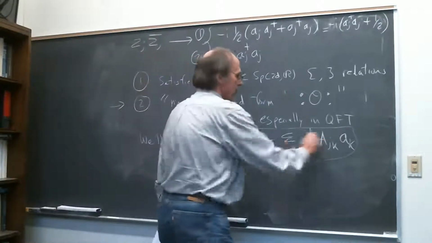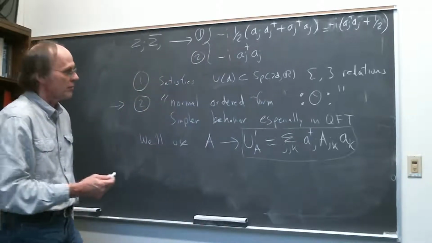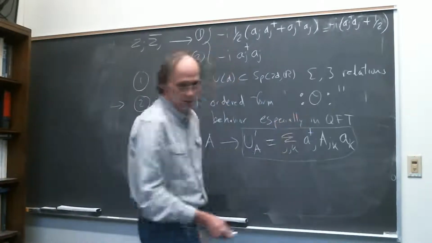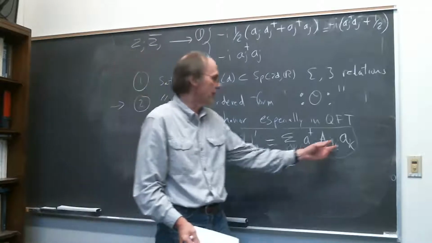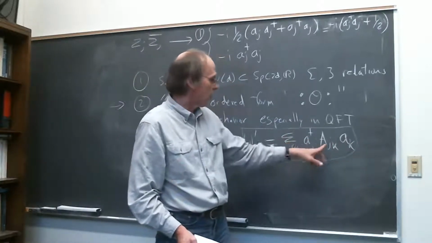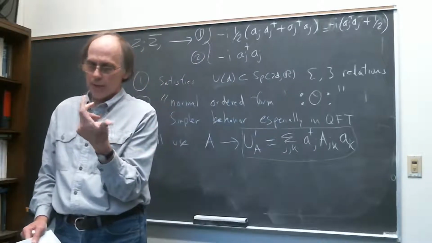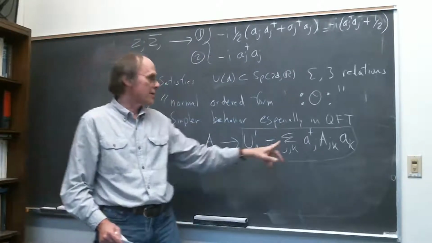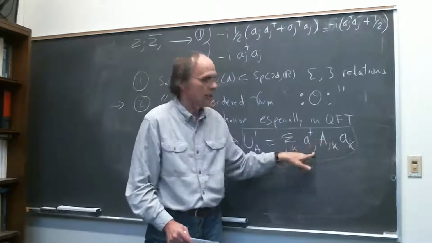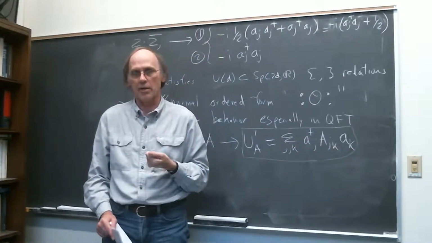So these are the operators we're interested in, and this is what we want to actually generalize to quantum field theory. In quantum field theory, what I'll get to later is these A and A daggers are going to become A and A daggers that depend not on an index J and K, but on a momentum P, the ones that I talked about before.